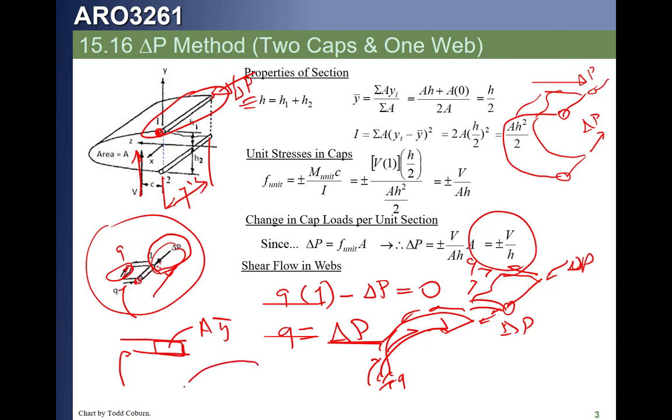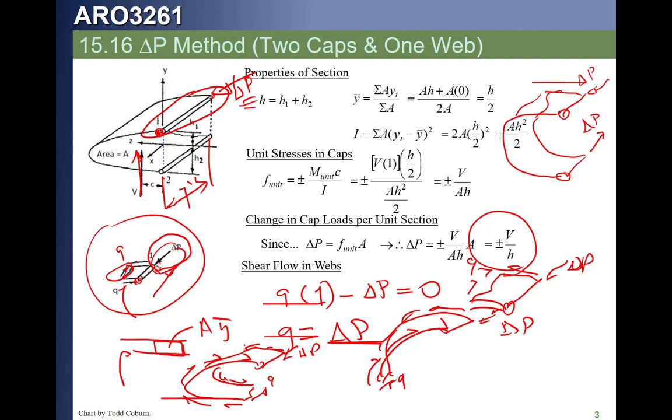If we had drawn even more of it, all the way to the bottom, just before we hit that upper cap, that little delta P here is reacted by the same Q, and you can see that's generating a shear flow like that along that edge, and like this along this edge.